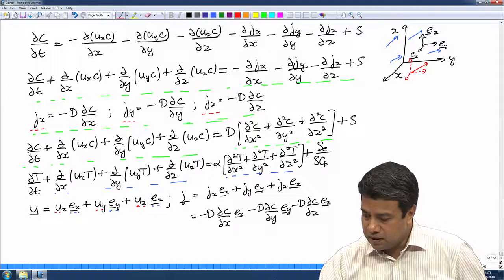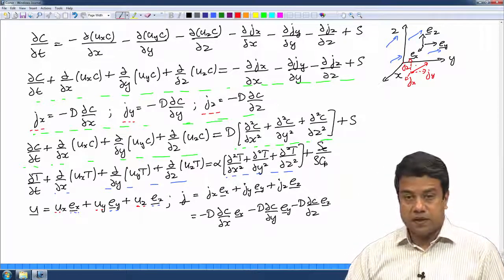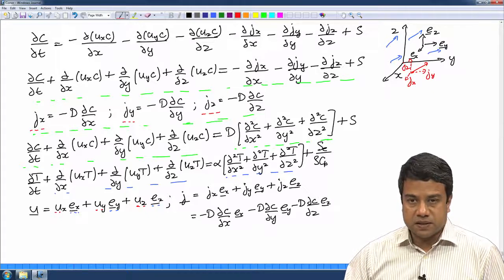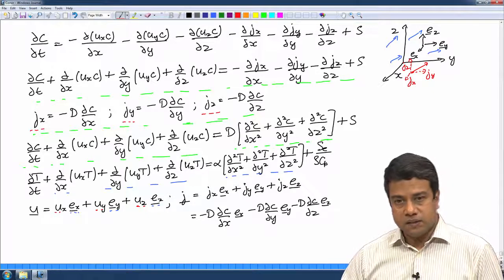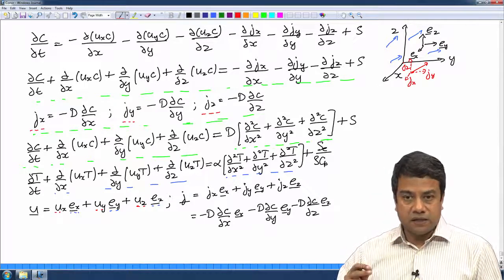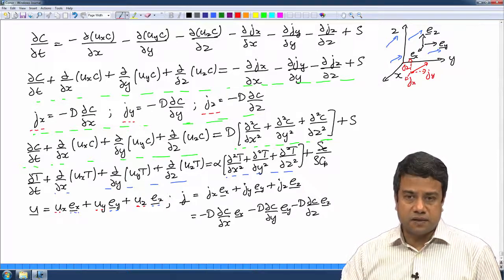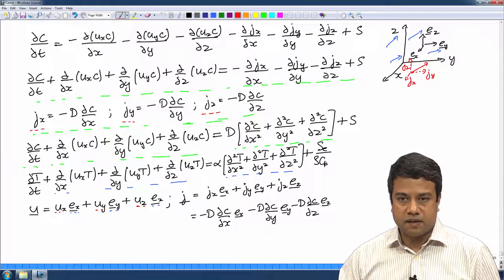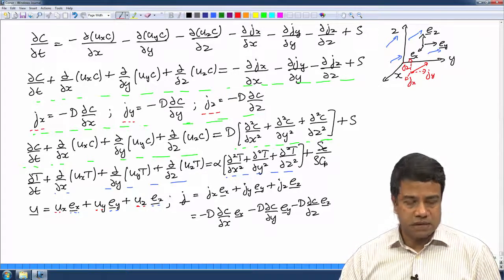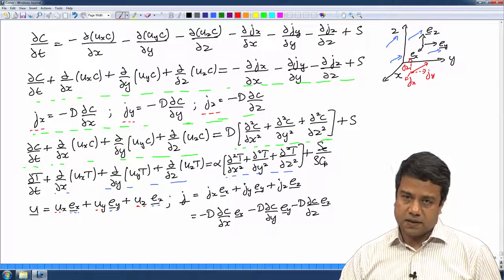The components are jx, jy, and jz. And if I add up jx times that unit vector plus jy times that unit vector plus jz times the unit vector Ez, I get a vector flux. That is the resultant, the vector addition, of these 3 fluxes. So, I can also represent the flux as a vector.